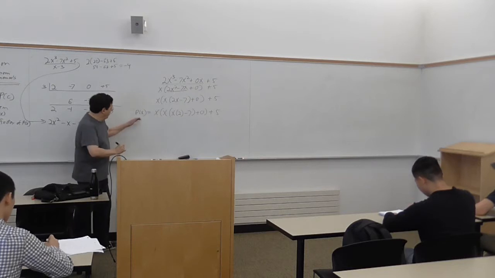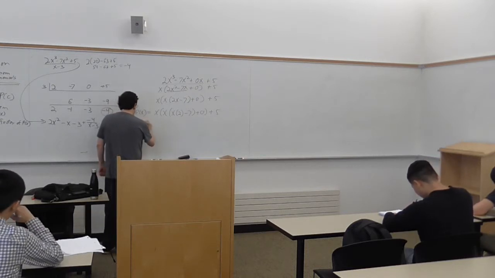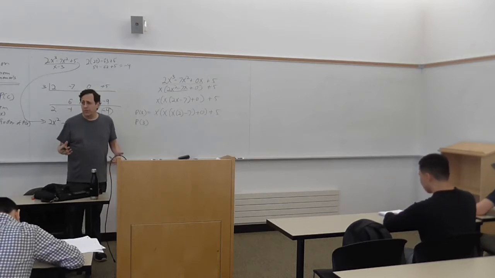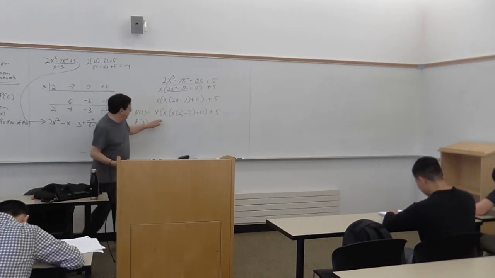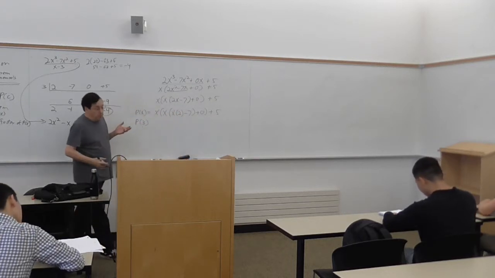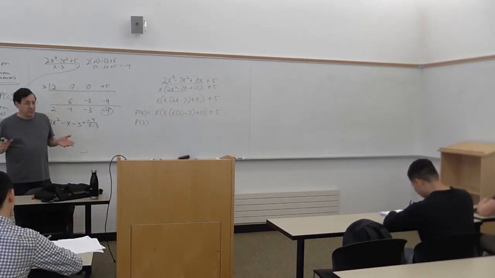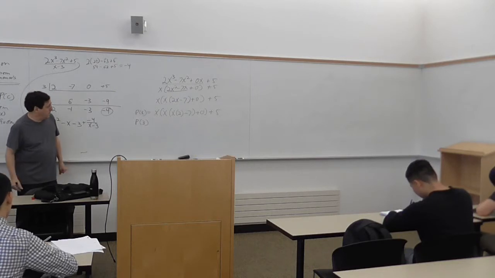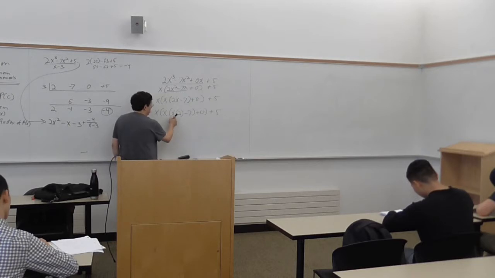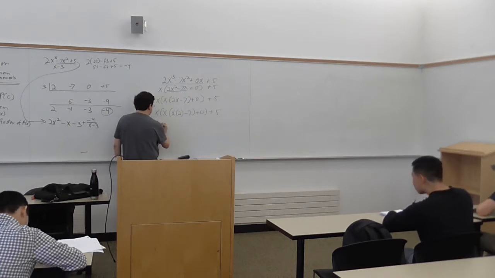And I want to find out what p of 3 is, because the remainder theorem tells me that's what I need to do. I need to plug in 3 here. But I want to do it very carefully and slowly so I don't make a mistake. So I'm going to start by just plugging it in here.